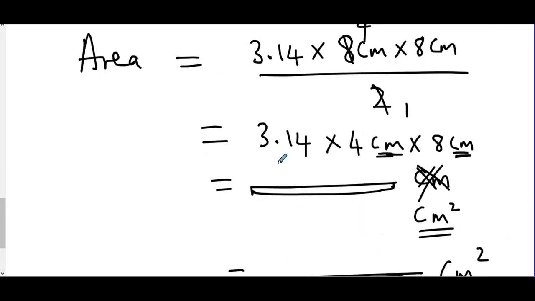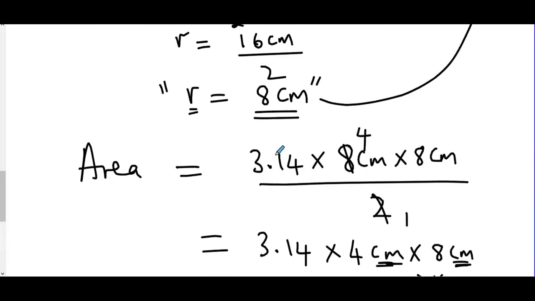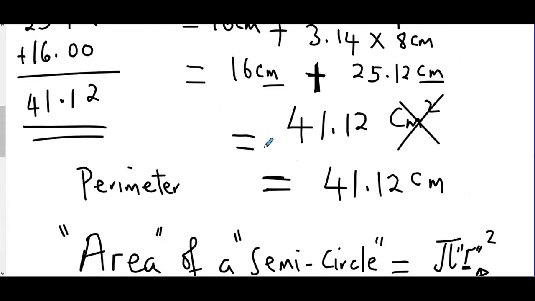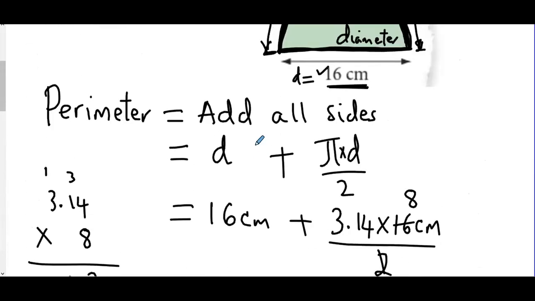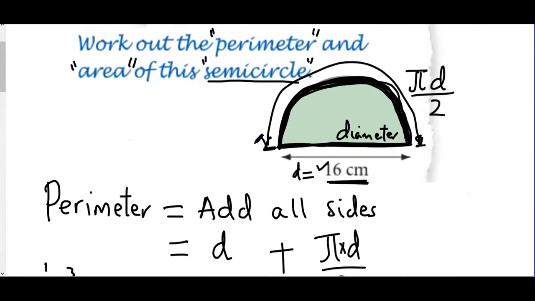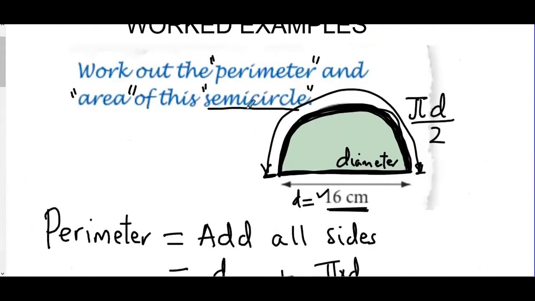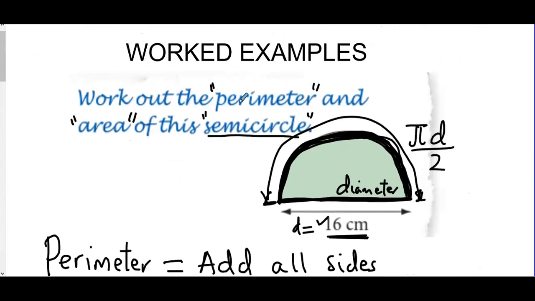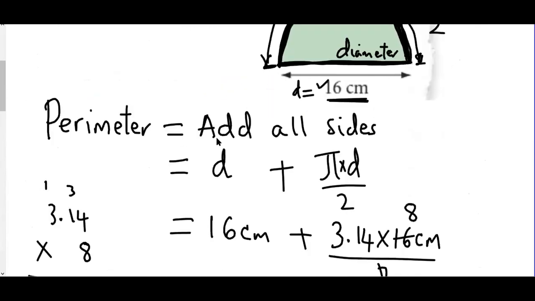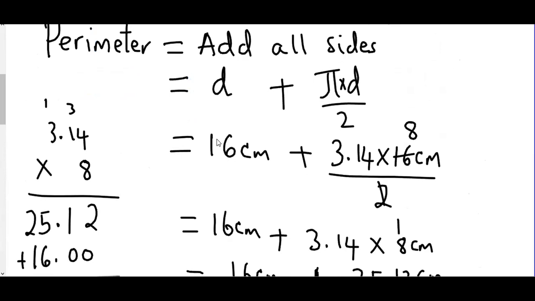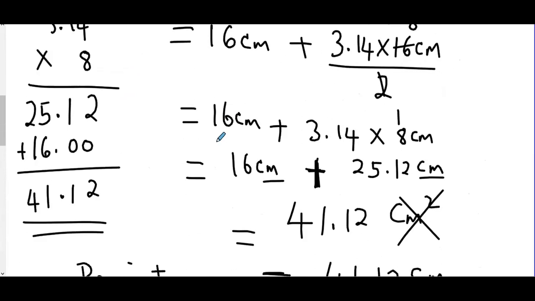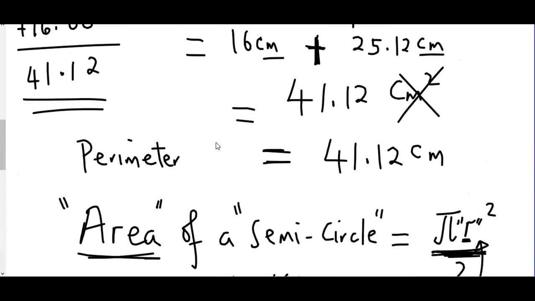I hope you have understood how to find the area of a semicircle. So you can go ahead pausing this video. Slowly, and then take that question, and then go slowly. Pause that part, copy it. You go slowly, copy that part, finish.